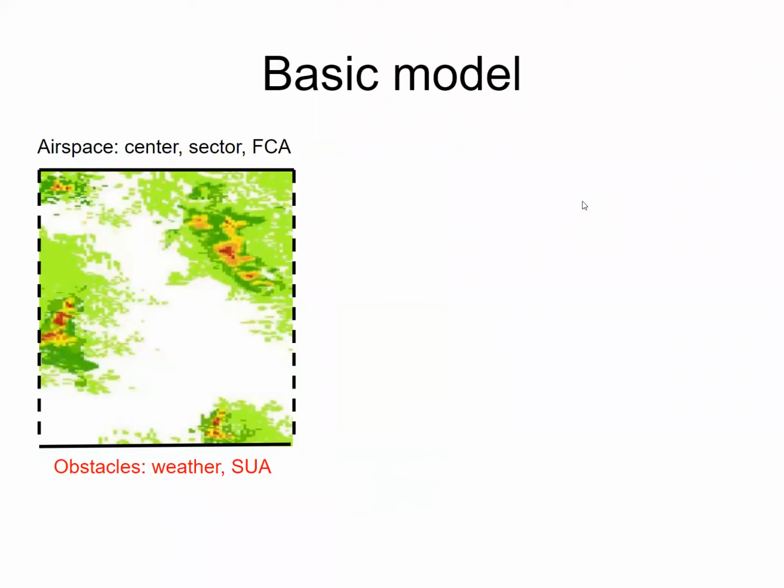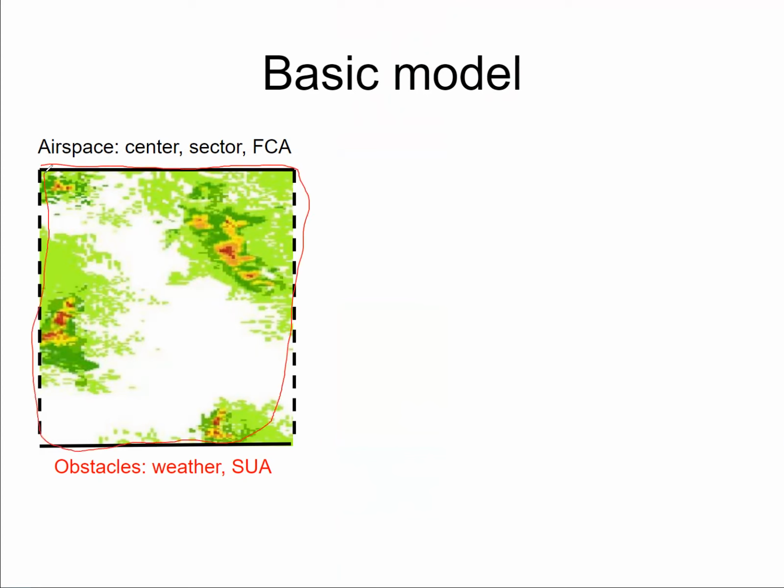So here is how we model the problem. We have our airspace, which I will be representing just by a rectangle, or in this case, a square. So this is our airspace. It can be an air traffic control center, a sector, or some flow constrained area.